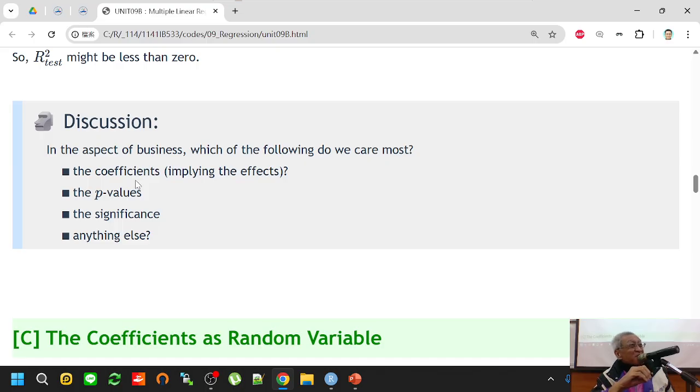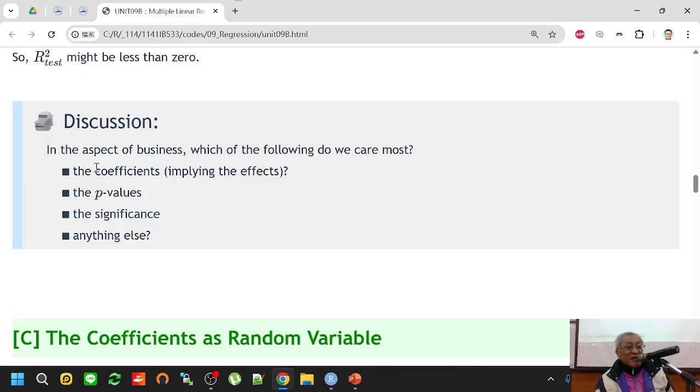In the sense of business, I want to know that for every million I spend on an advertisement, how much my revenue would increase. That is the marginal effect of x toward y, and that is actually the B1 value, the coefficient itself.